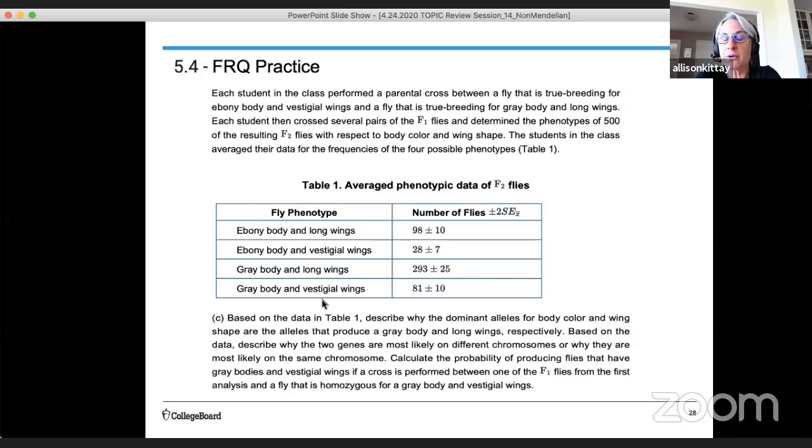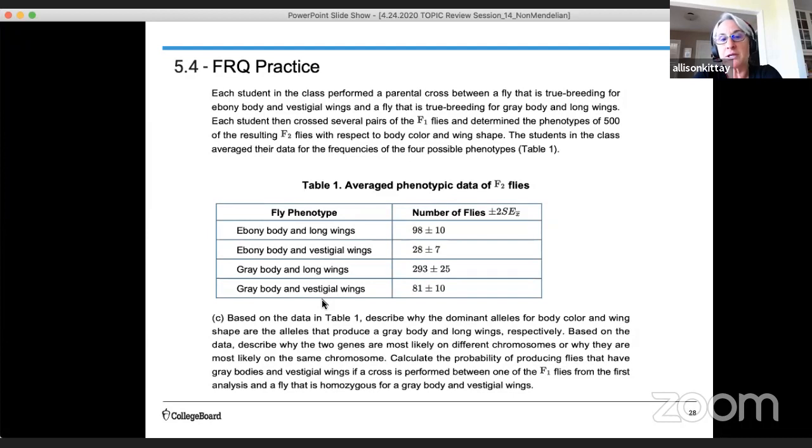And I hope you remember that when I showed you those traits, both gray and long are dominant, and ebony and vestigial are recessive. So we've got parentals that are homozygous dominant and homozygous recessive. And that means that our F1 flies are going to be heterozygous for both of those genes.